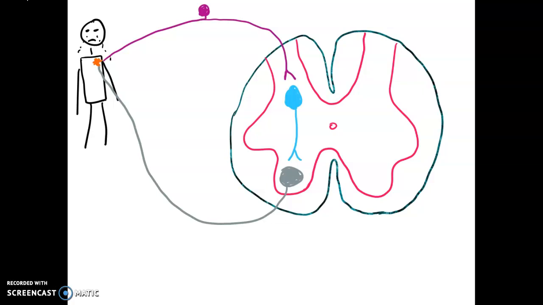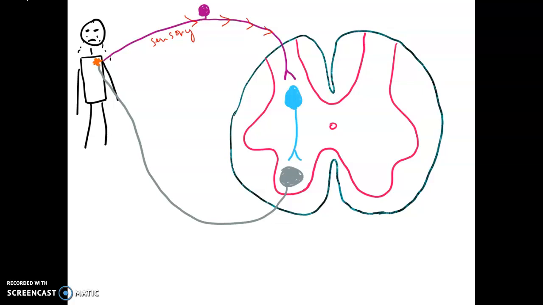So the purple neuron is a sensory neuron. Do you agree? That's a sensory neuron because it's carrying information towards the spinal cord. So that's the function of the neuron. It carries sensory information from the receptors towards the central nervous system.